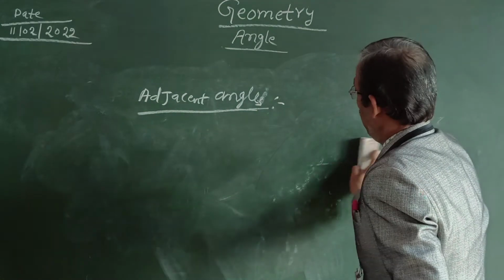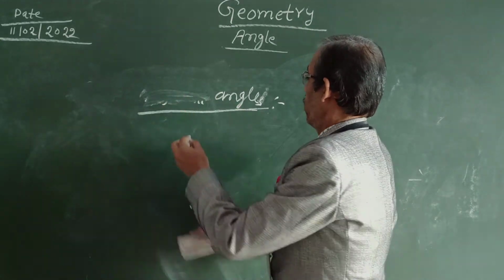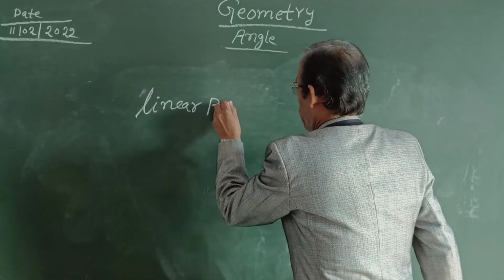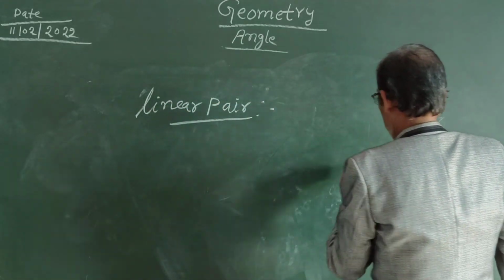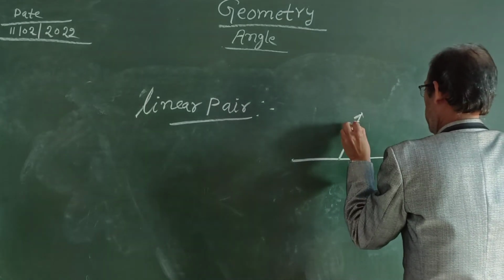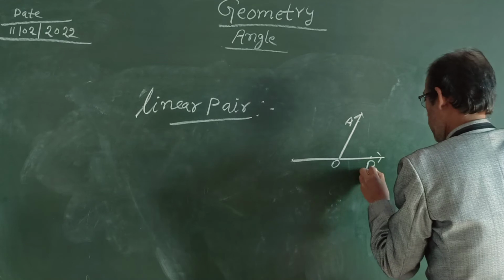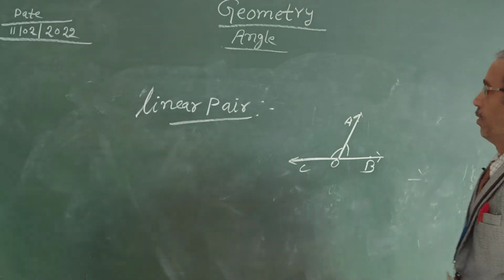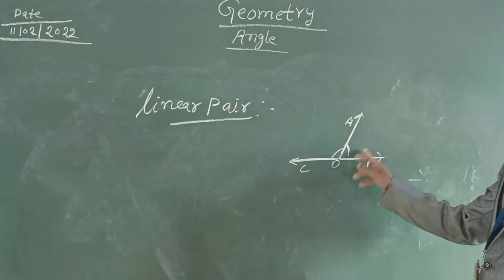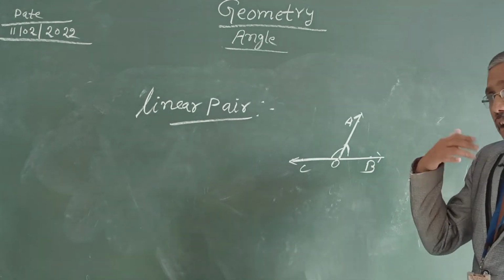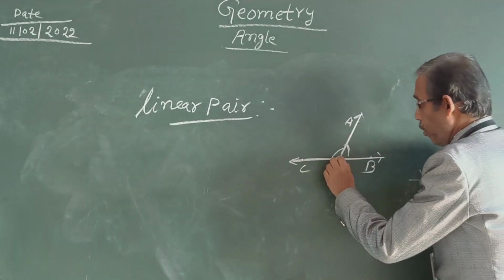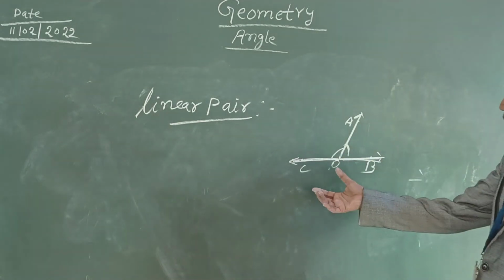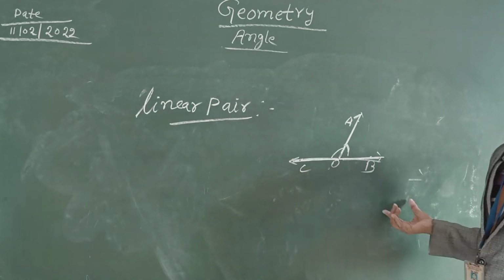Now linear pair. If a pair of angles are adjacent and two non-common arms are opposite to each other, here you see that OB and OC are non-common.